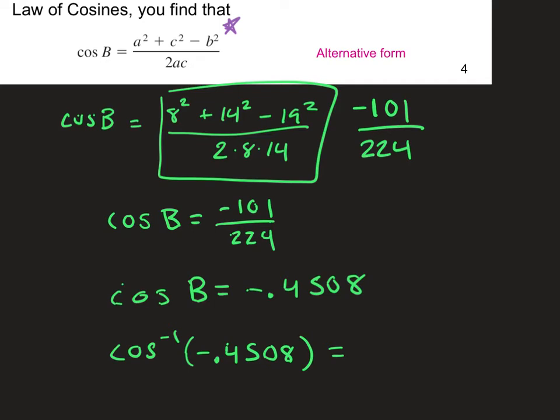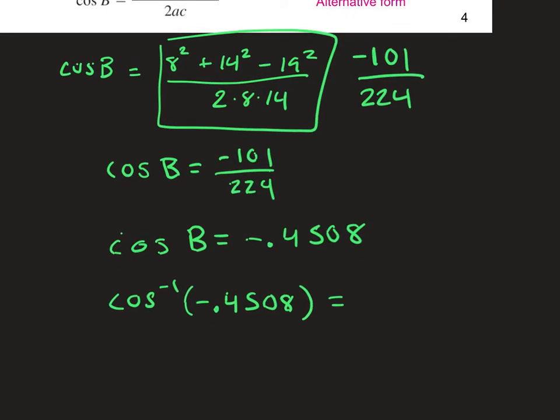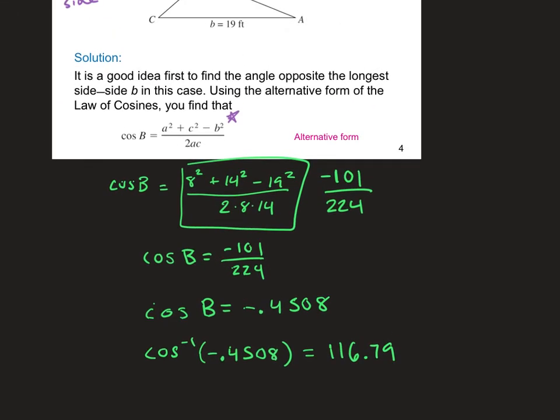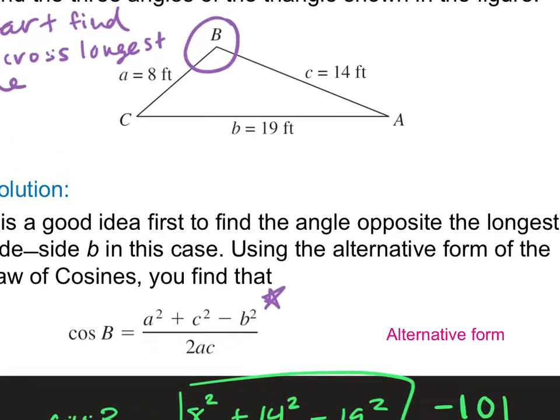So what'd you guys get? Well, I got 116.79. Anybody else agree? All right, awesome. So angle B is 116.79.